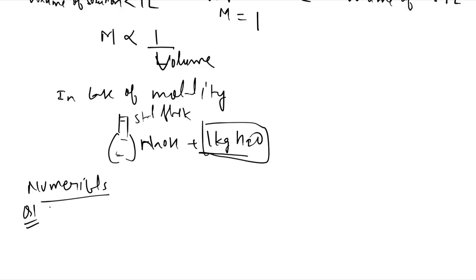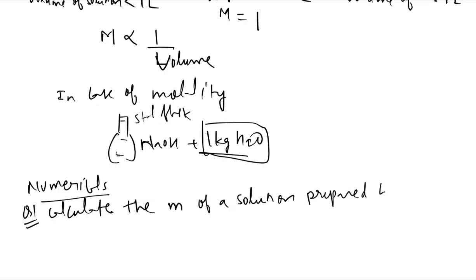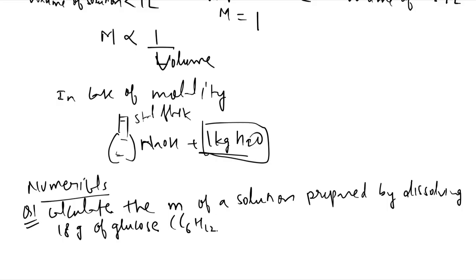It says: calculate the molality, I'm writing small m, of a solution prepared by dissolving 18 gram of glucose, C6H12O6, in 180 gram of water.